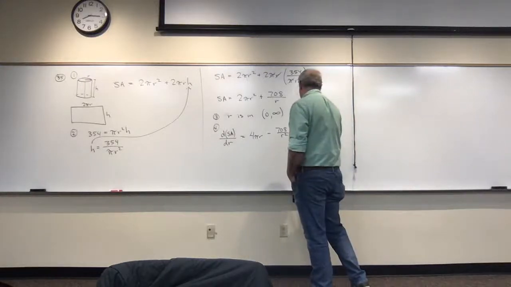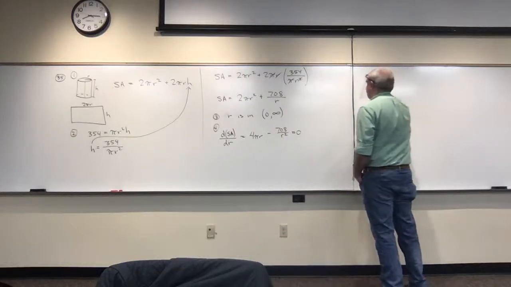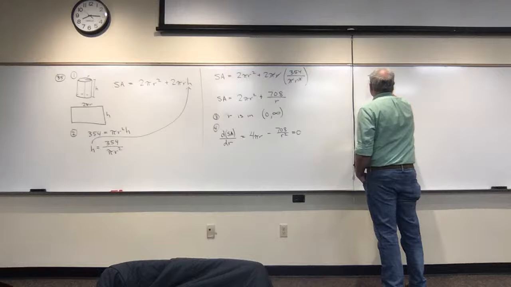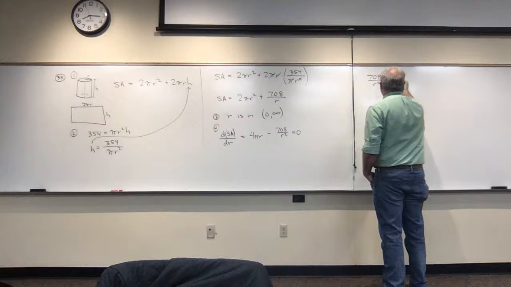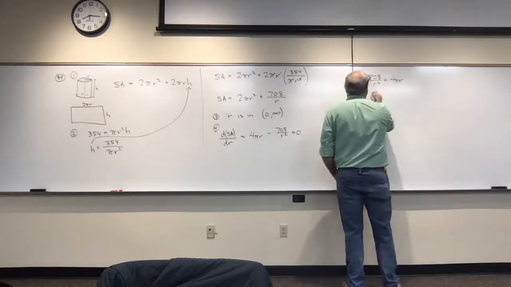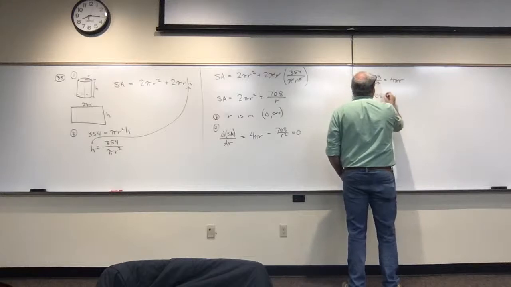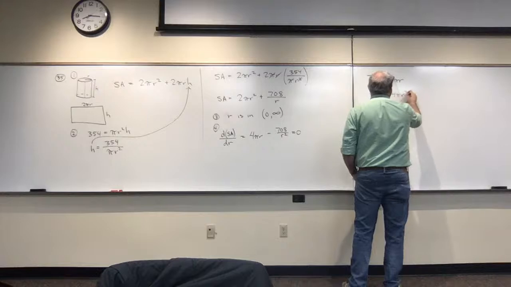So set it equal to 0, solve for r, and I get that 708 divided by r squared is equal to 4 pi r. Then we cross multiply, and I get that 708 is equal to 4 pi r cubed.